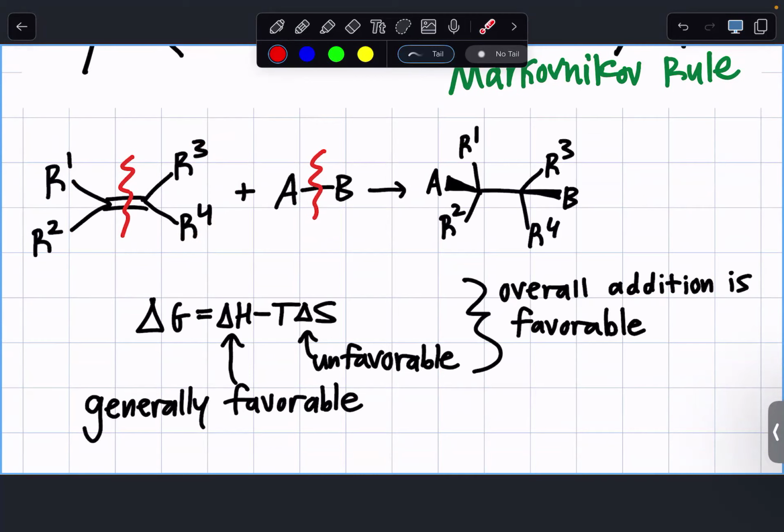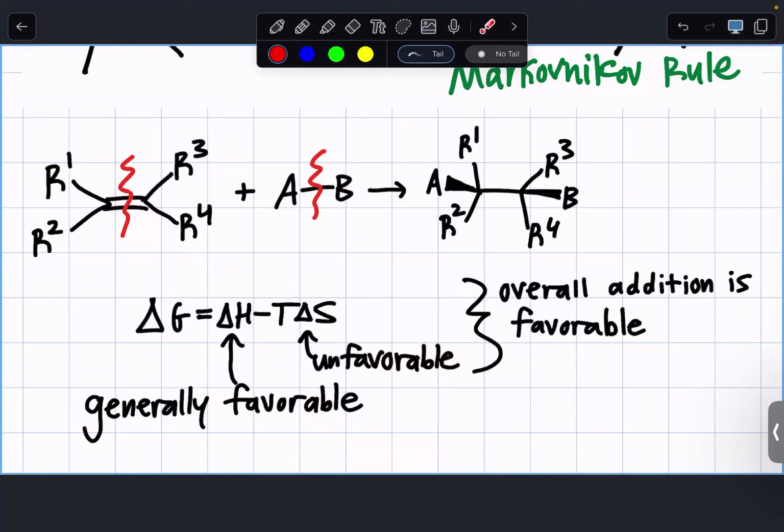And before, in the reactant, we had 2 separate molecules, 1 and 2, right? But then when this reaction happened, we combined them to make one product. 2 to 1, that decreases the entropy because we're creating order. Before there were 2 molecules here, but now we reduce that to 1. That's more order. So this is unfavorable in terms of entropy, right?